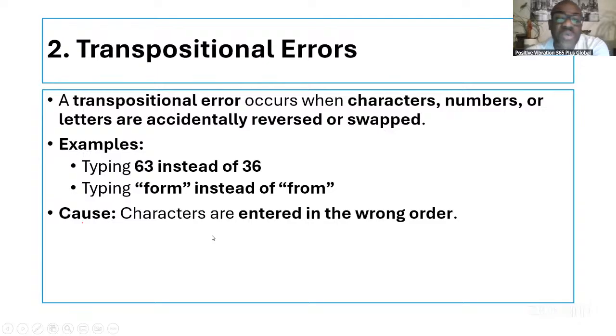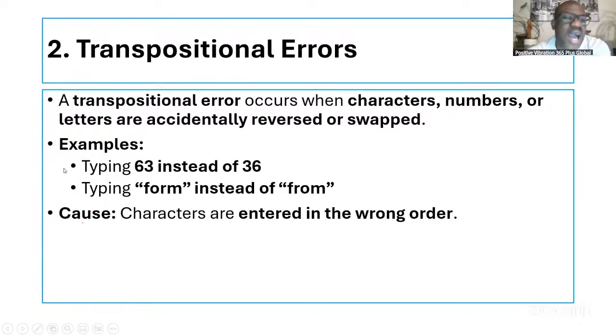Now, a transposition error is slightly different. This occurs when characters, numbers, or letters are accidentally reversed or swapped. This has to do with the position. So if you notice here, 63, but you should have actually written 36.